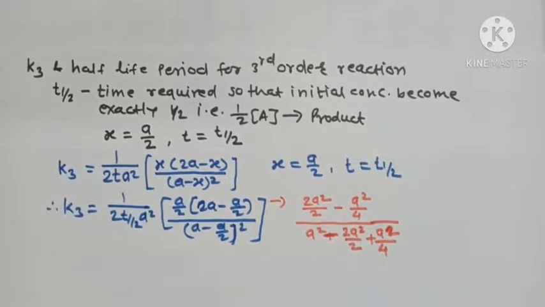So if you see, these get cancelled: a square gets cancelled with a square, 2 gets cancelled with 2.